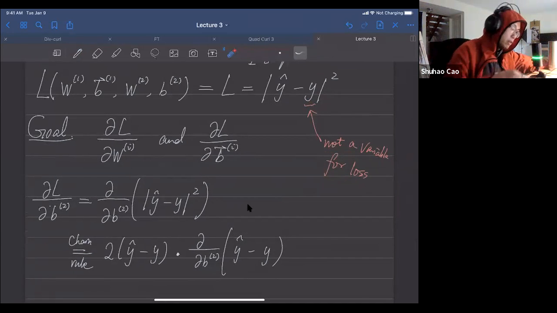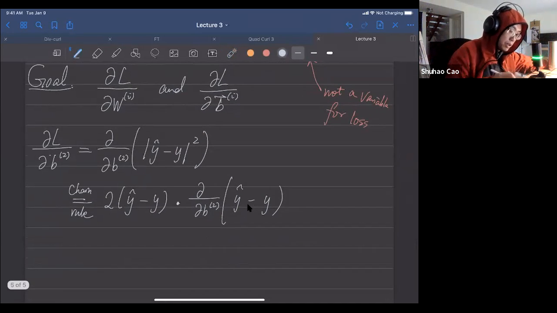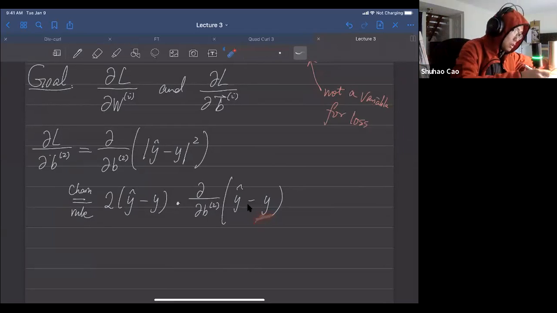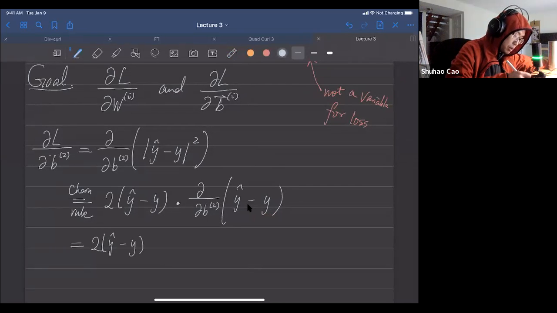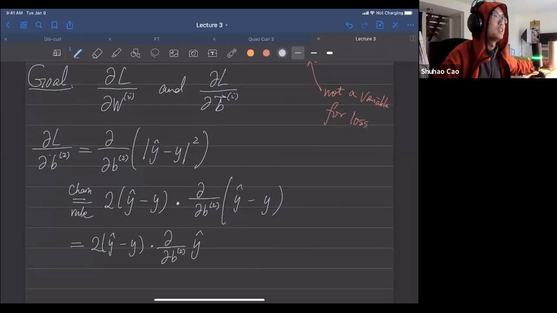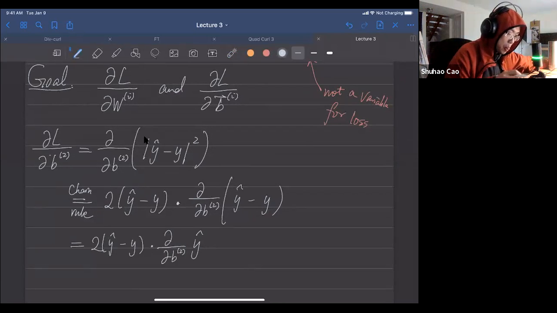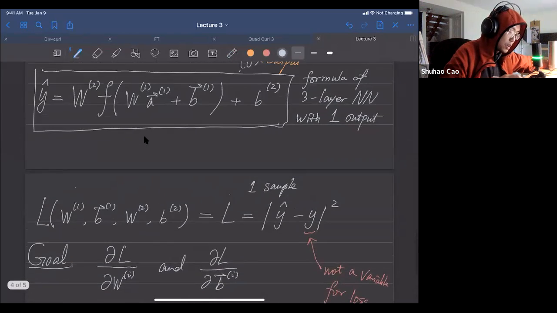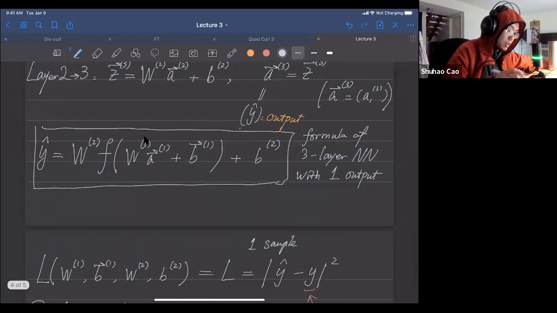So when we take the partial derivative, this one is like a constant, it's gone. So this is, by chain rule, 2 times y hat subtract y times the partial derivative of y hat with respect to B2. Okay, good. So assuming everyone is good, now let me continue. And now let's look back at the expression of y hat, which is this guy.